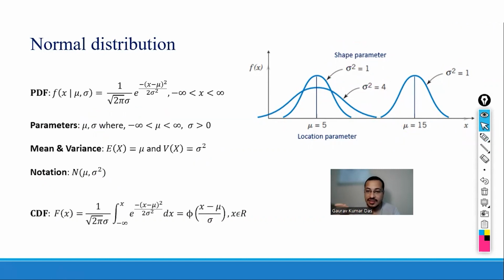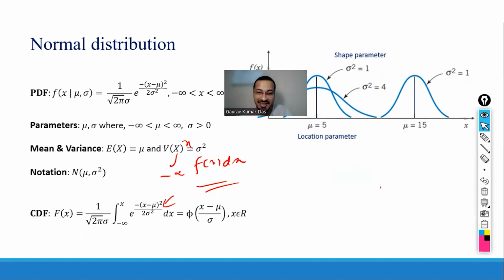Now, if you look at the cumulative distribution function, it will be the integration from minus infinity to x of f of x dx. And if you look at it, this integration is definitely not going to be easy, guys, because you are integrating e to the power of x squared, like the square of the exponential function.